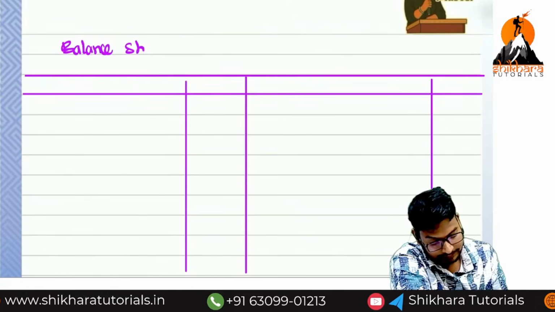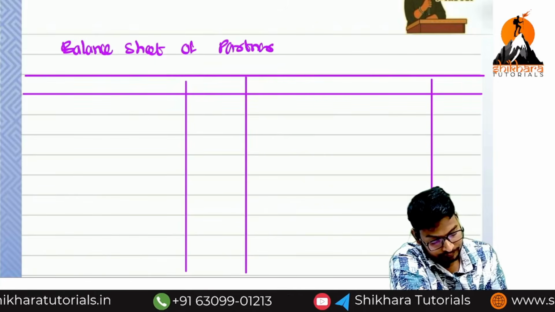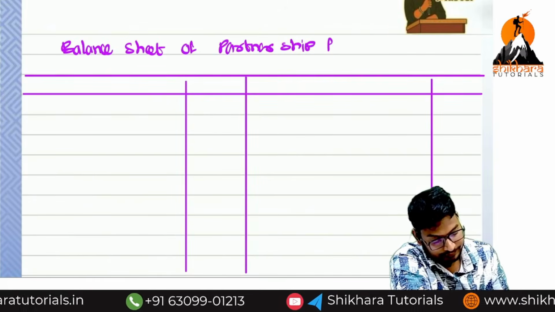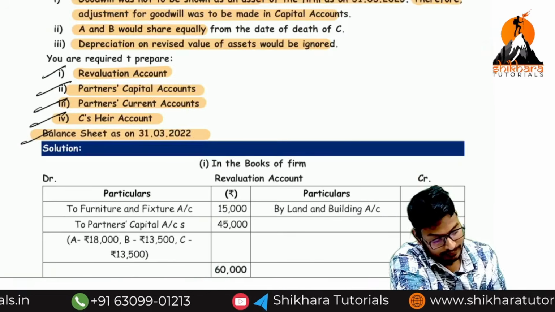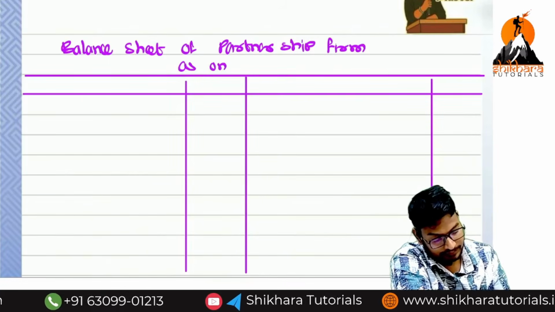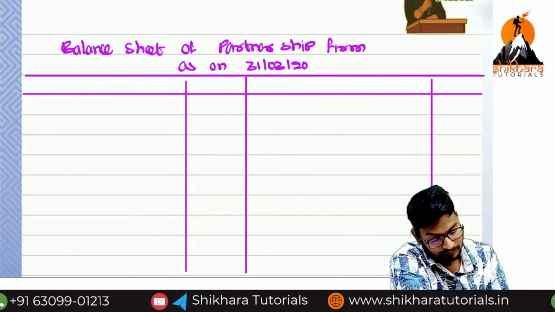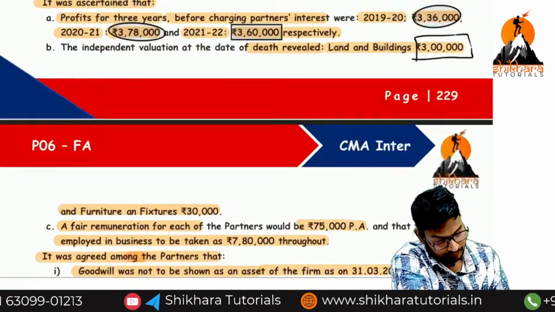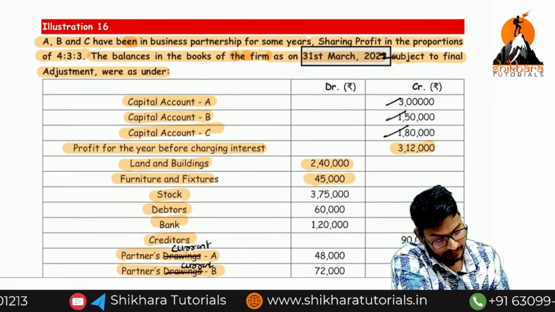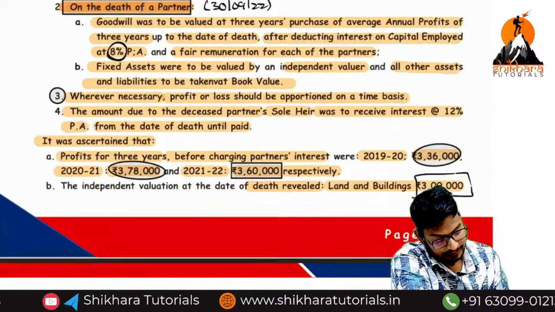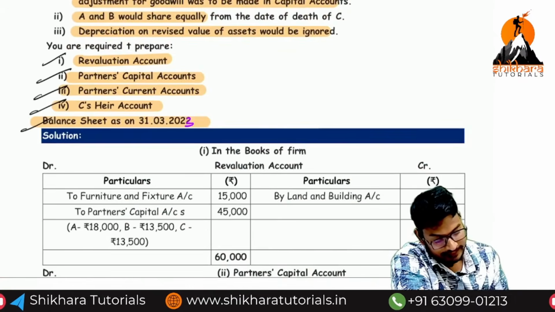Balance sheet of partnership firm as on. What is the date of the balance sheet? 31st March. They have given one, they have given two. Make it as 2023.